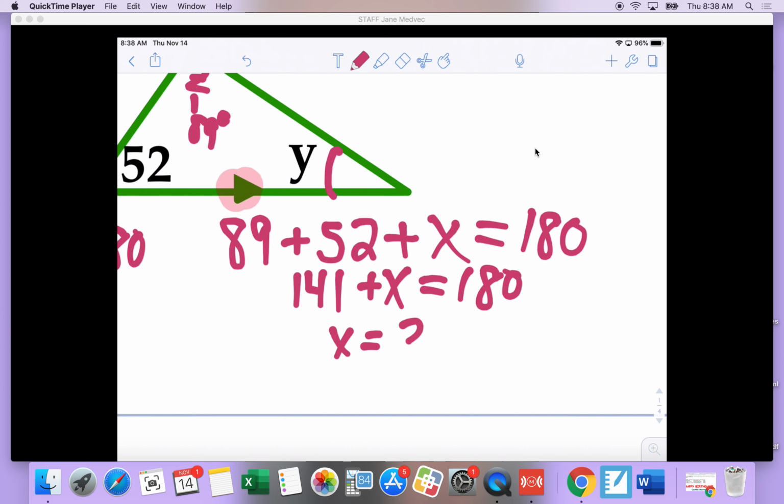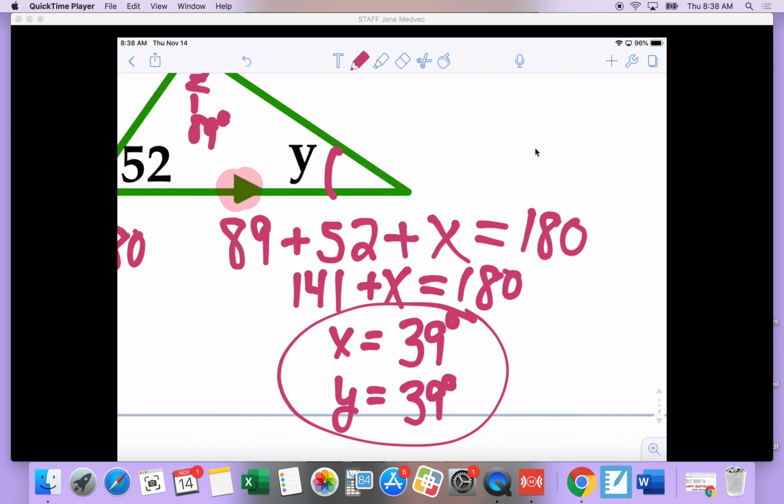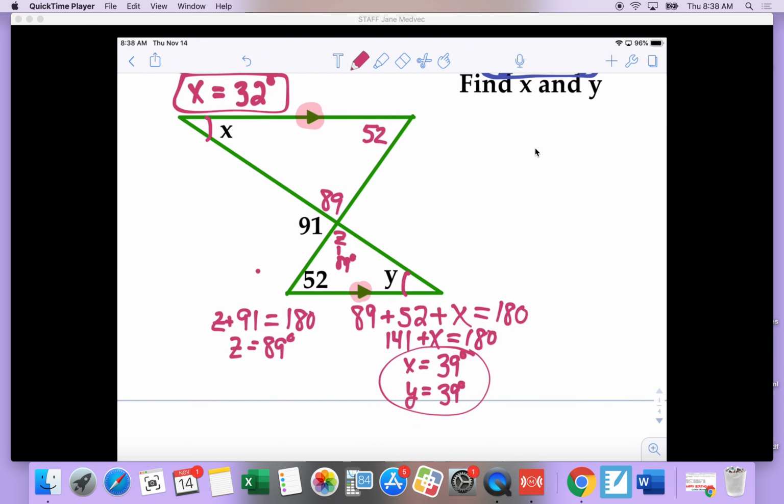X gives me 39 degrees, and then y is also 39 degrees. Now, do I have to solve for x, or could I solve for y and then know what x was? I can solve for either, and I'd get the same answer. Are there any questions?